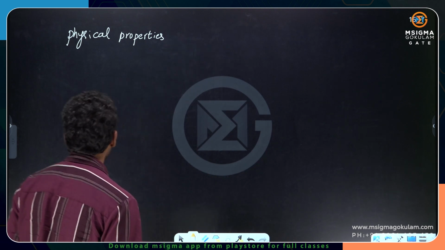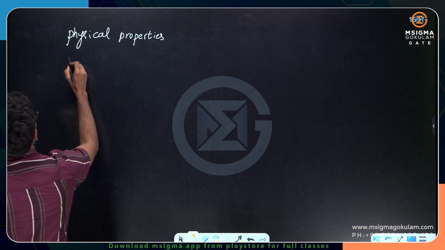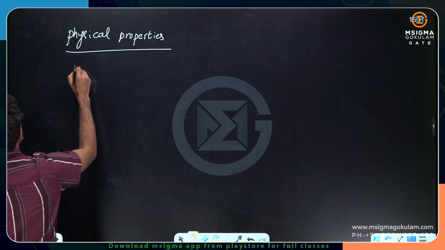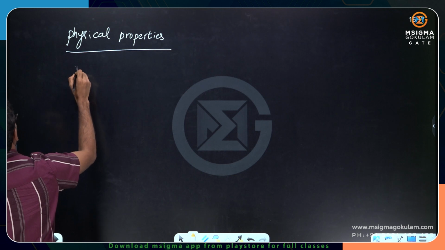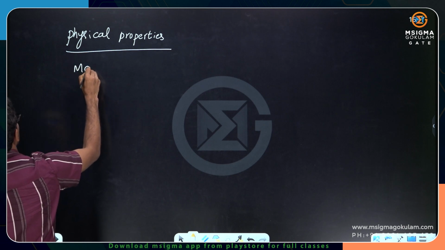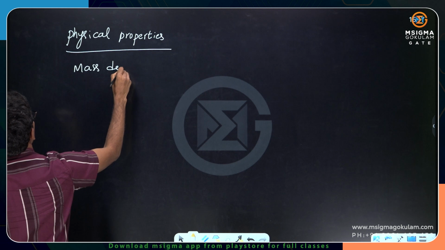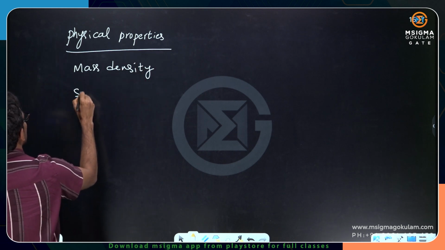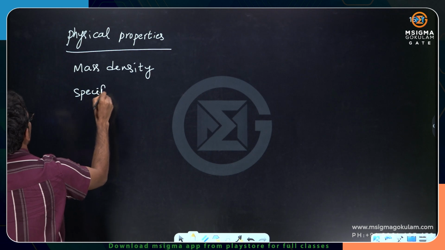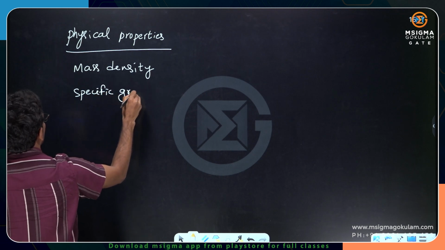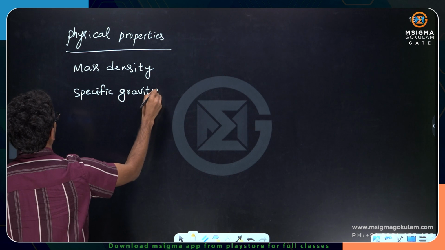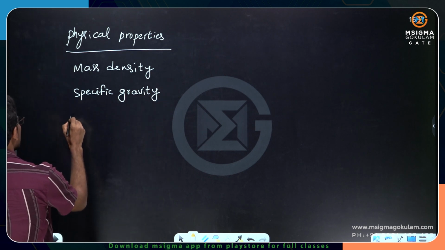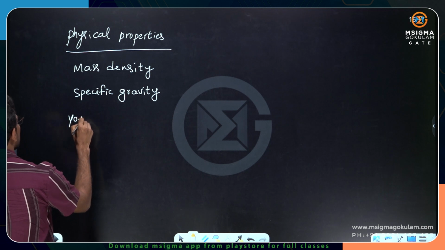When I talk about physical properties, I have something called mass density. Mass density is a physical property of the steel, and we have specific gravity, that is also a physical property of a steel, and we have what we call Young's modulus or modulus of elasticity.